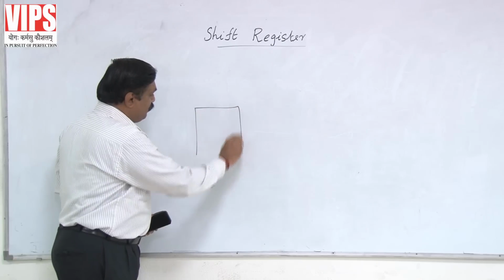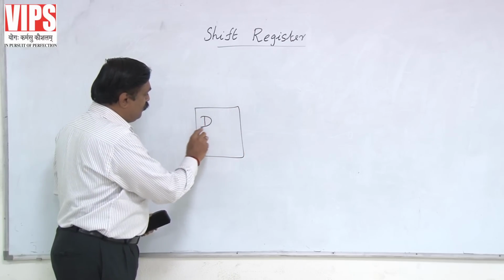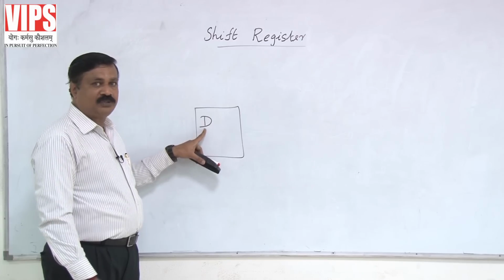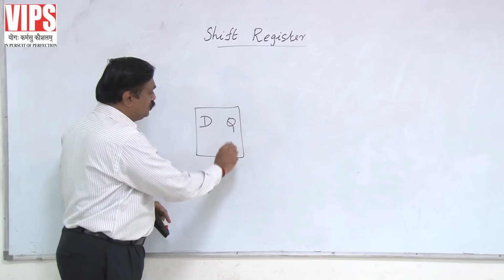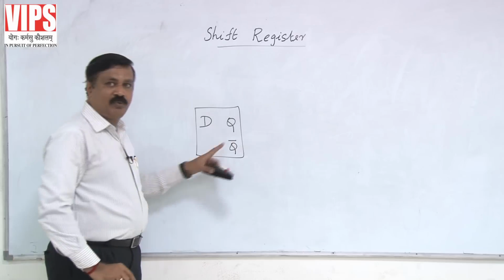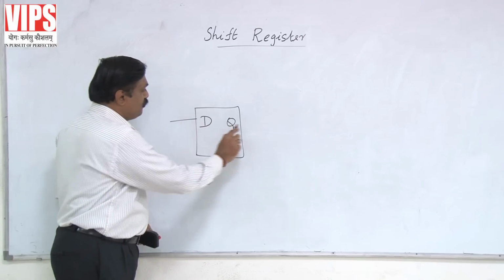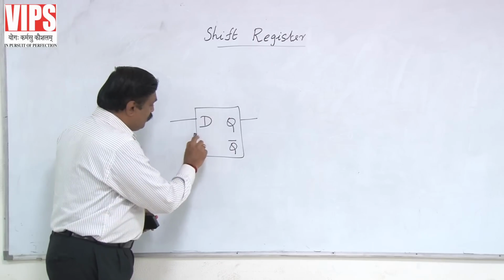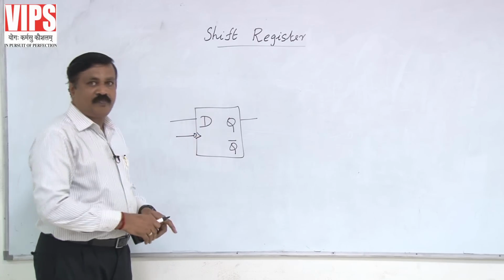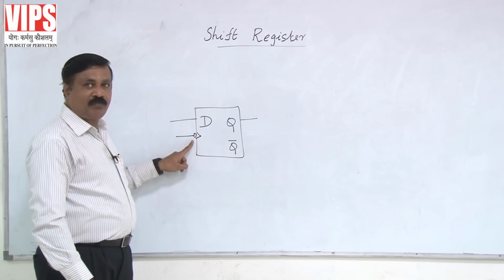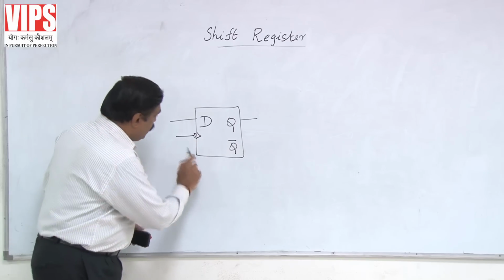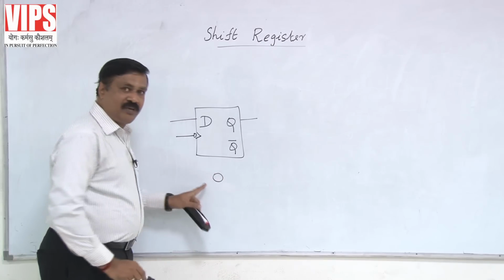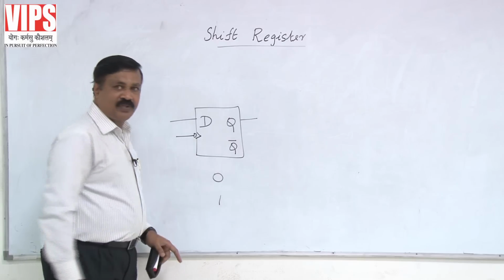In a D flip-flop, we have one input called D input and two outputs, Q and Q bar. Now we have the clock pulse also. Here it is a negative clock pulse. Since it is only one input, 0 can be given and 1 can be given.